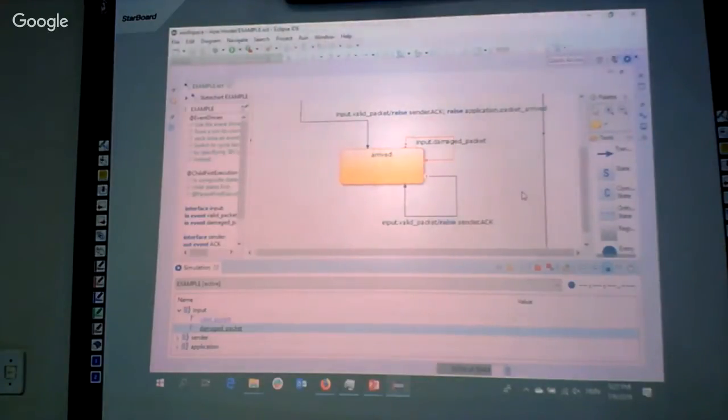This tool is open source, so you can download it. Tomorrow I will prepare it for your computers in the laboratory. There will be an image, so you can even take it home, and you will have the exercises. And this is actually the end of my state chart presentation.